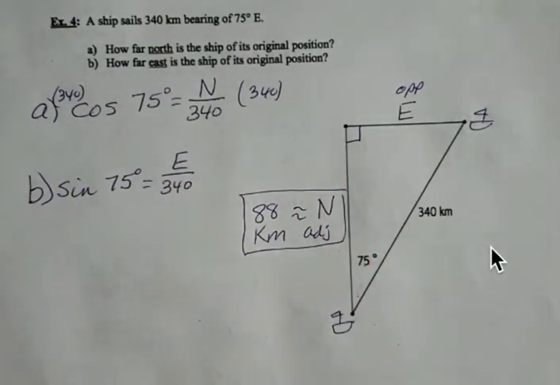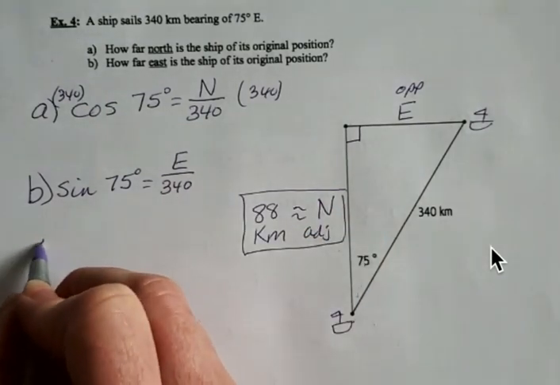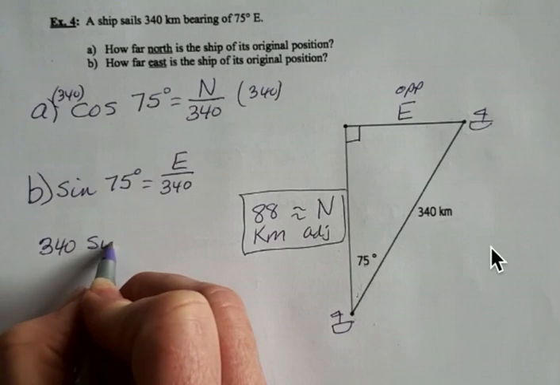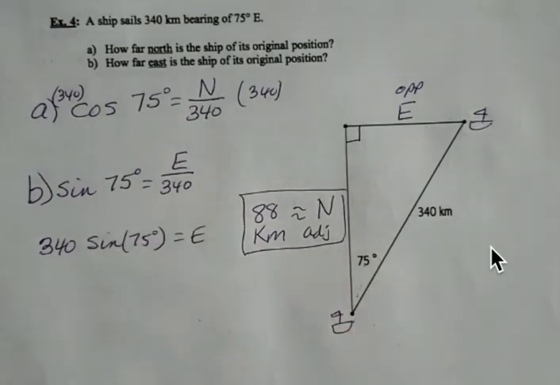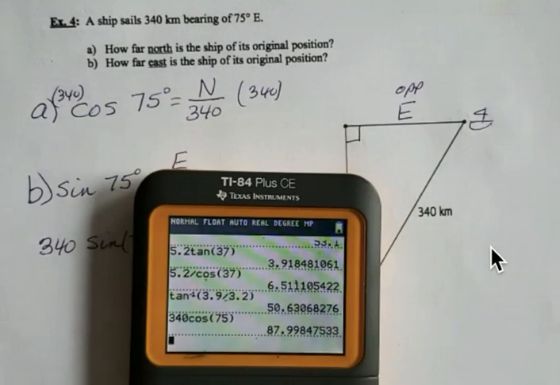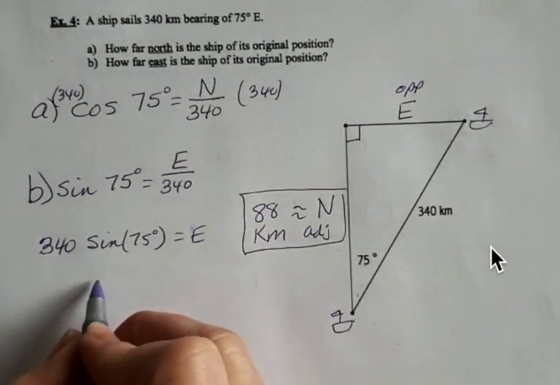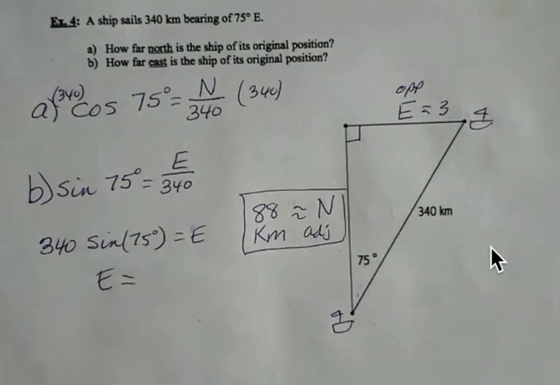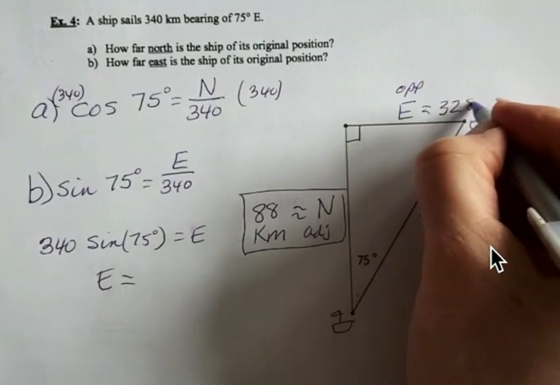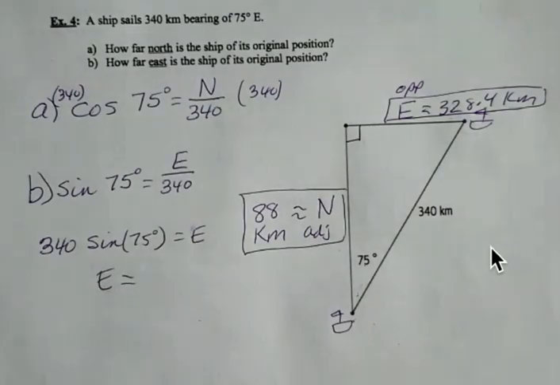And again, I'm just going to multiply each side by 340, and I'll have that the position east is 340 times the sine of 75 degrees, and that gives me about 328.4 kilometers. So east is about 328.4 kilometers. And that's it for example 4.